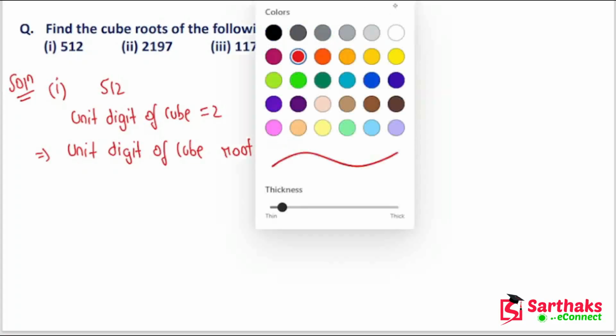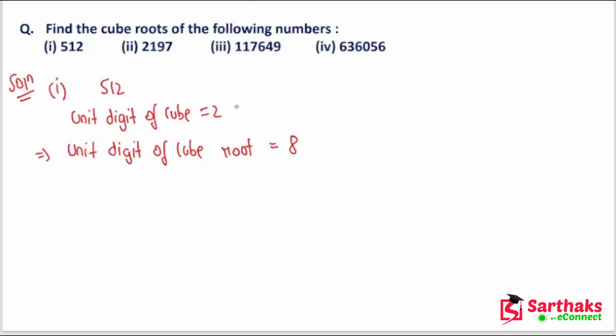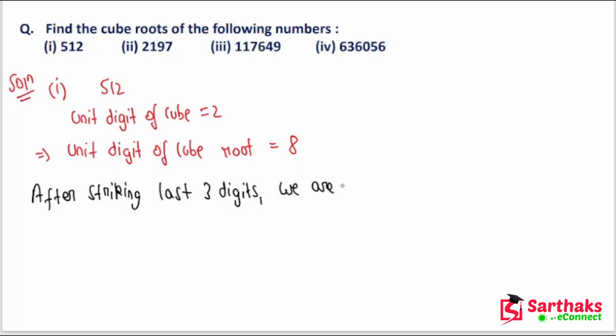Now we'll strike the last 3 digits. Okay, we'll follow the process and complete it. We know that the cube root is 8 only, but let me show you how it is done using the process. After striking the last 3 digits, we are left with nothing, or you can say that we are left with 0.